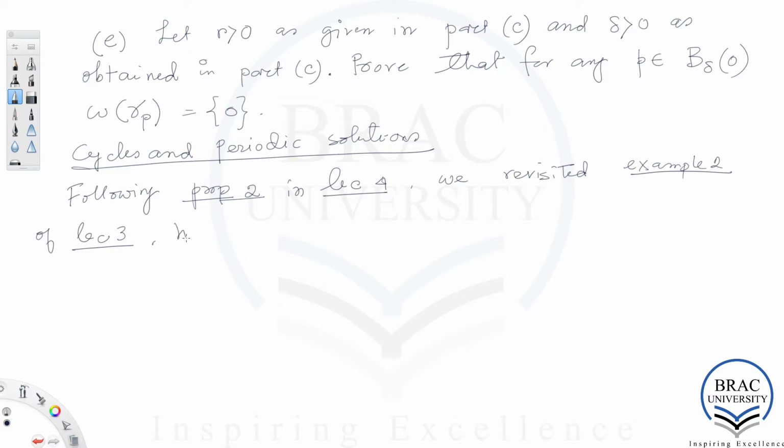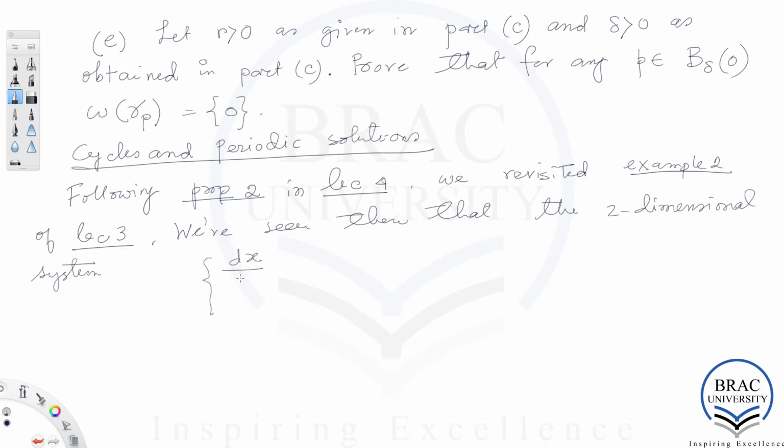We have seen there that the two-dimensional system dx/dt is equal to minus y, and dy/dt is equal to x, which we number as equation 16. Okay. So this is the example that we discussed in lecture 4, following proposition 1.